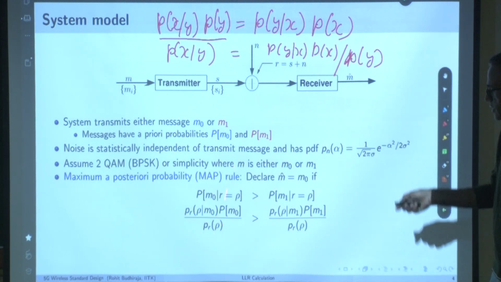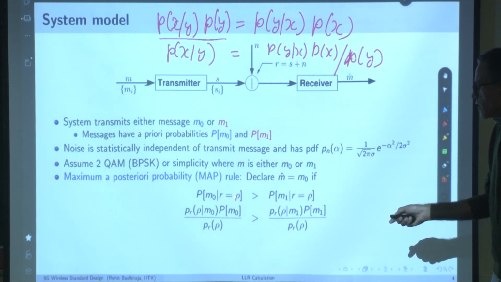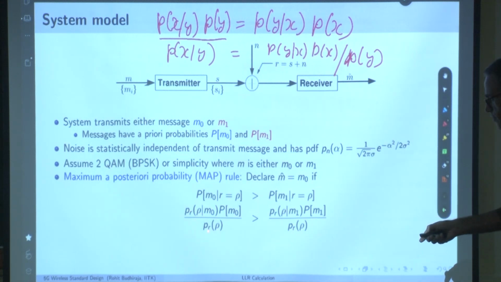The same thing I am applying over here. Instead of writing r is equal to rho, I have written rho over here. Similarly, this will also follow. You will use the Bayes rule to expand it like this.